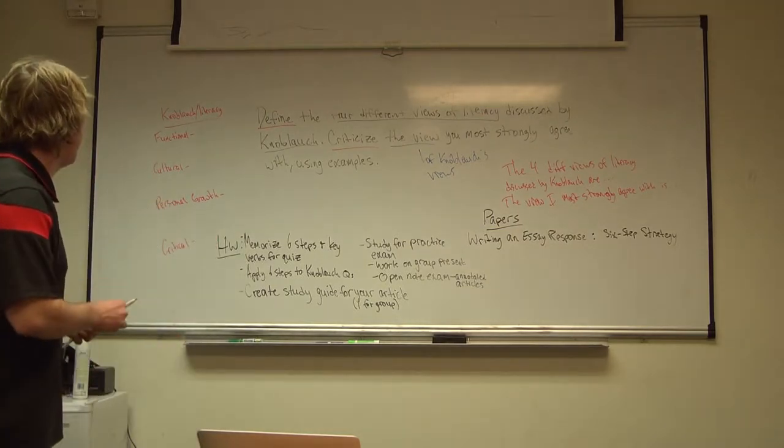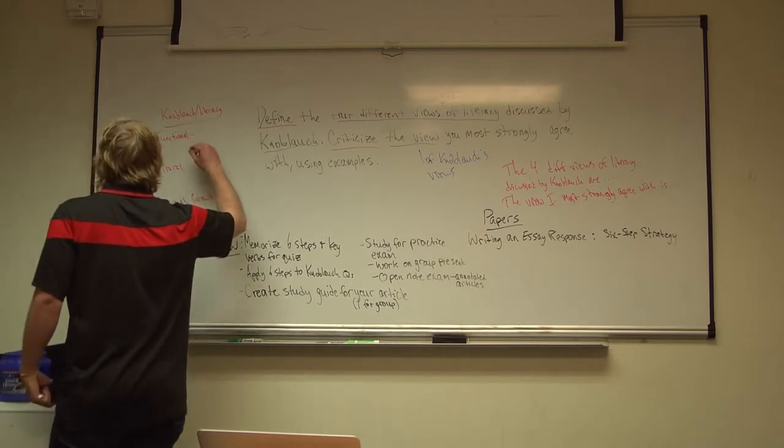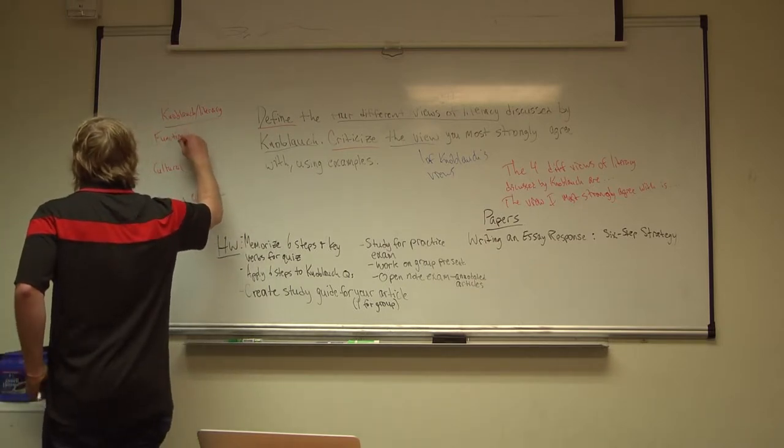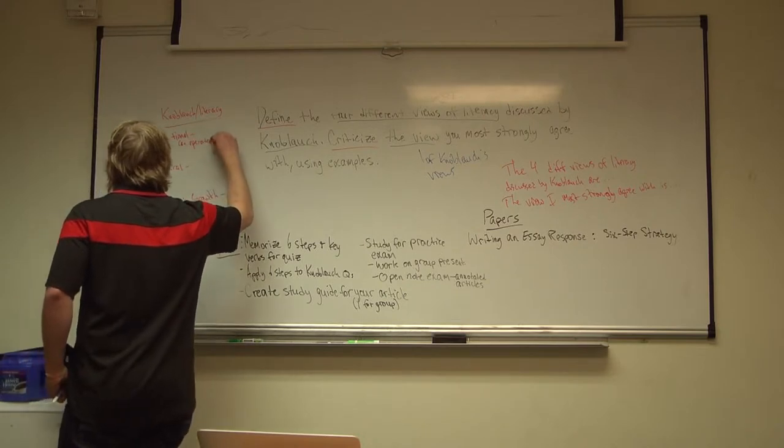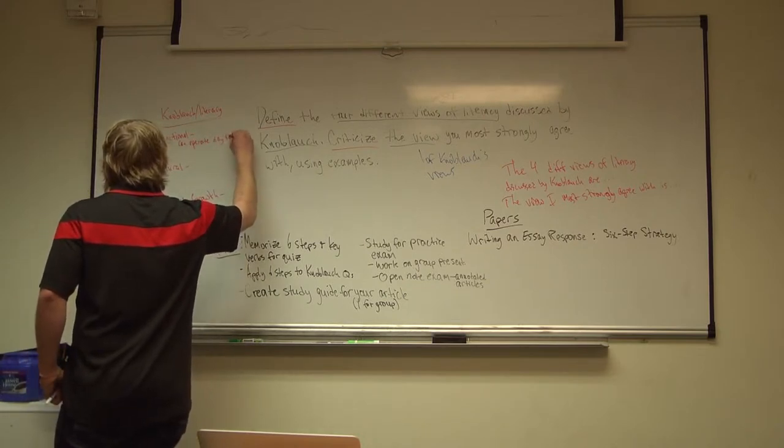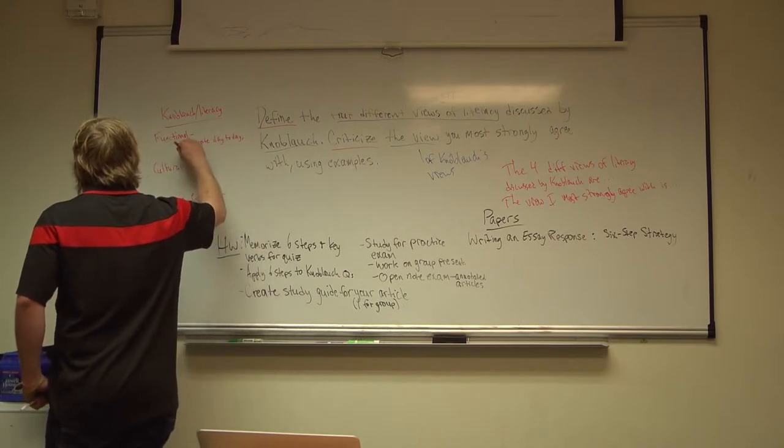Okay, now I'll start to make an outline. I'll say functional, okay. Can operate day to day. I'm going to jot down things I know about it. Day to day, but not question. They can't question.